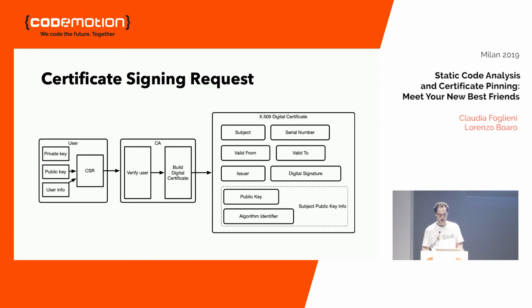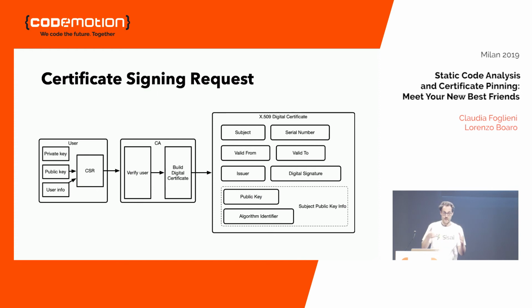Okay. How can I request a digital certificate? The main goal here is to create a certificate signing request. If you are an iOS developer or maybe an Android developer, you can go to your Apple Keychain application, and then you can request a certificate from a certificate authority.